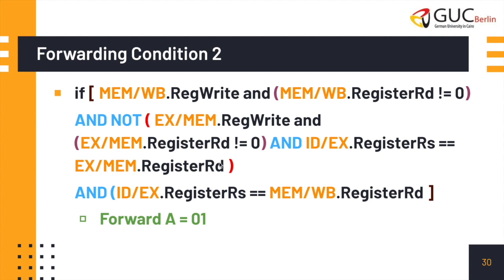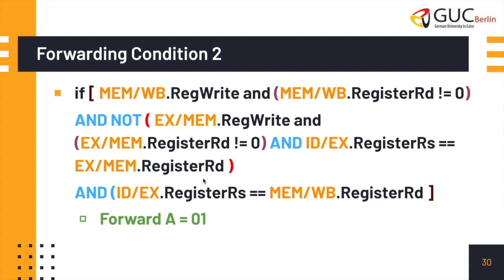Therefore, if this condition evaluates to true, not true will make it false. If this condition evaluates to false, not false will become what? Will become true. And this condition, starting from the red bracket till the red bracket, is the condition of 1a. So the expression inside the red bracket corresponds to condition 1a.